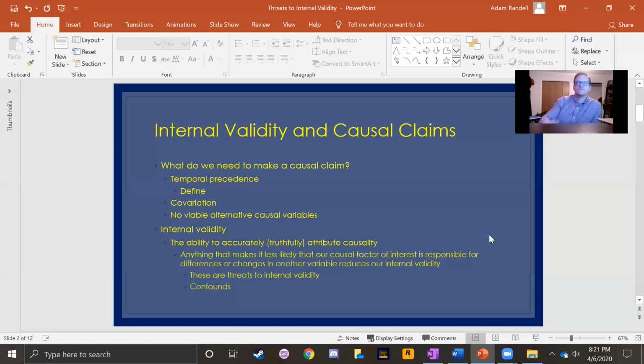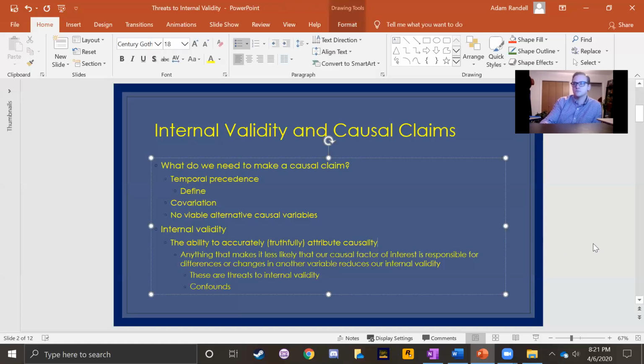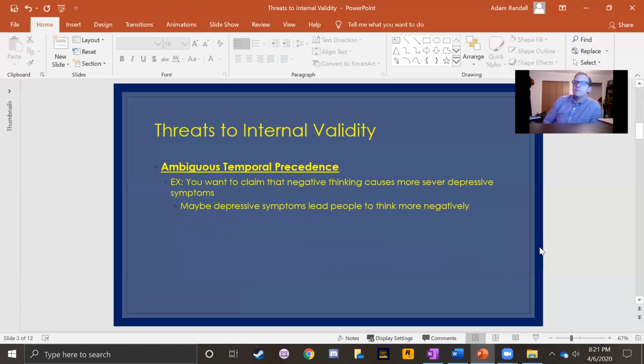So let's get going. First, ambiguous temporal precedence. Remember that first thing that you needed to make a causal statement, temporal precedence. Well, ambiguous temporal precedence simply refers to when it's not very clear that your IV is actually coming before your DV. All right, so, for example, let's say that you think that negative thinking leads to more severe depressive symptoms.